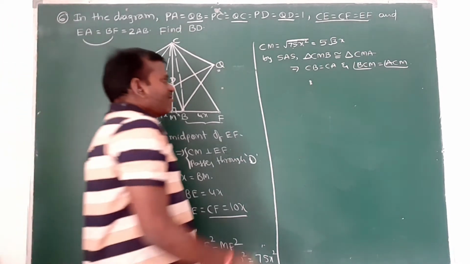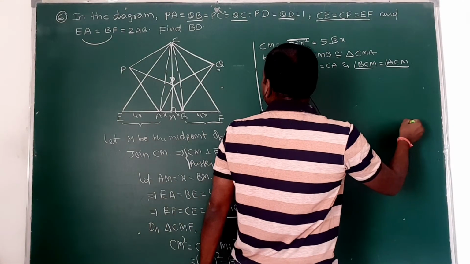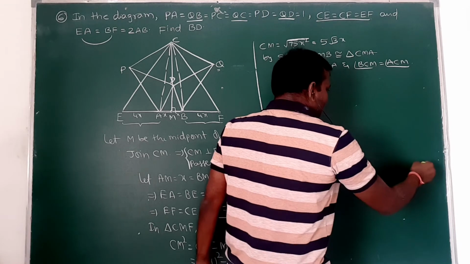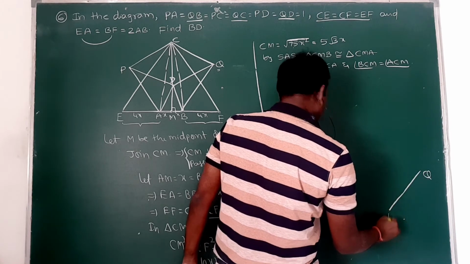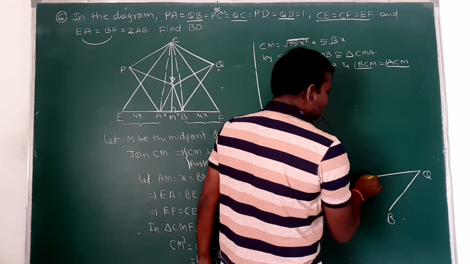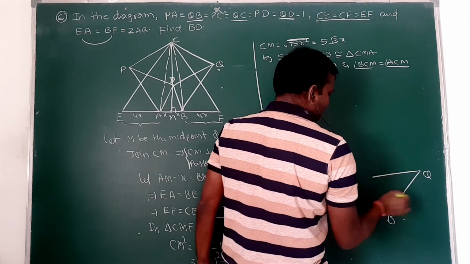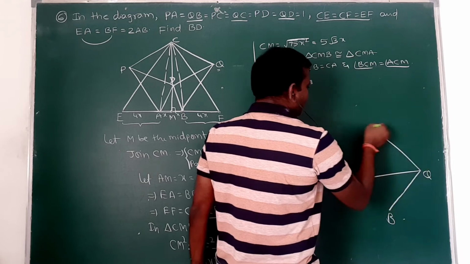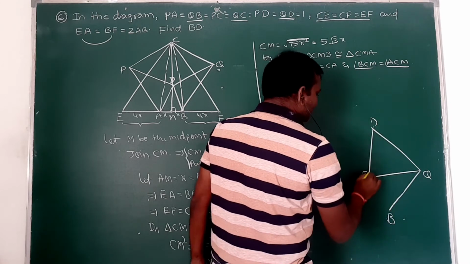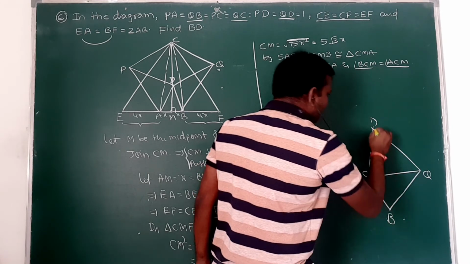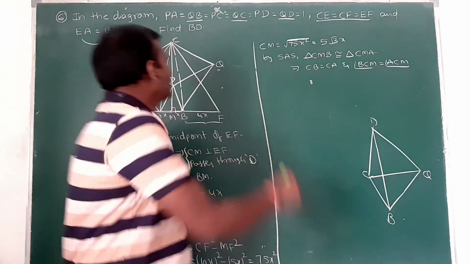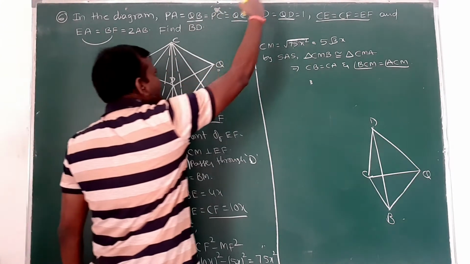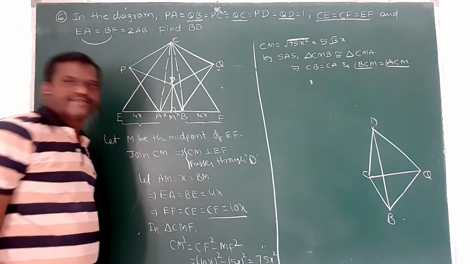Here I will draw one separate diagram. QB, QC and QD are equal, so QB is equal to QC is equal to QD is equal to 1, already given.